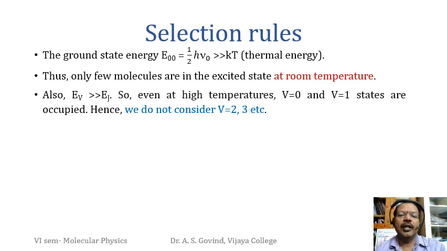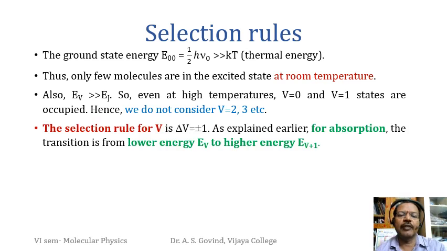So, another thing, these vibrational energies are much larger than rotational energies, and therefore even at little high temperatures, V equals 0 and 1 states are occupied. So usually we will never get the cases of V becoming 2, 3 and all because that requires much higher temperatures. And that is why in our discussions we will consider only V equals 0 and 1.